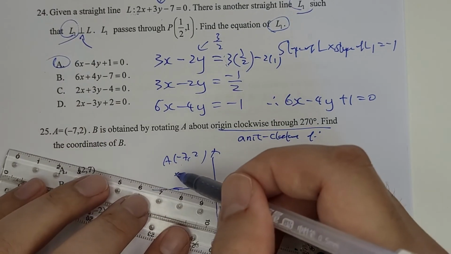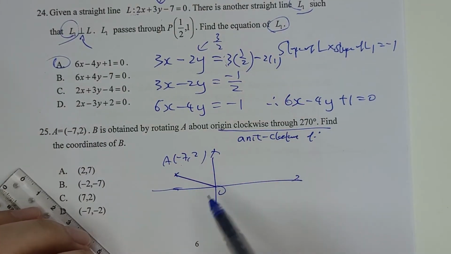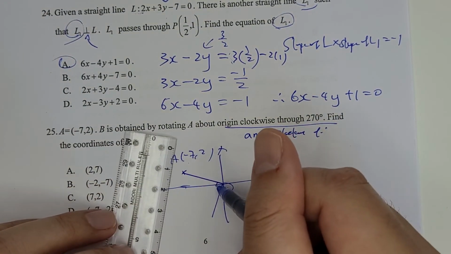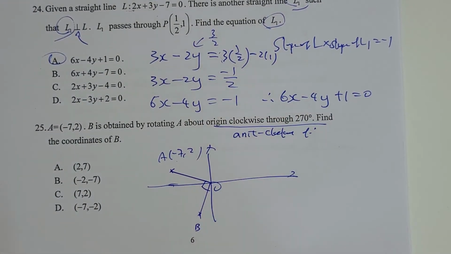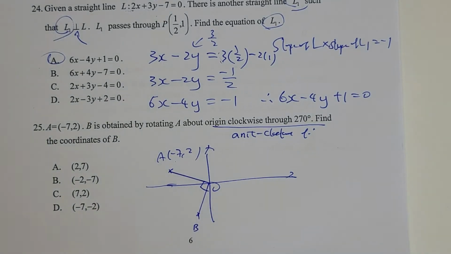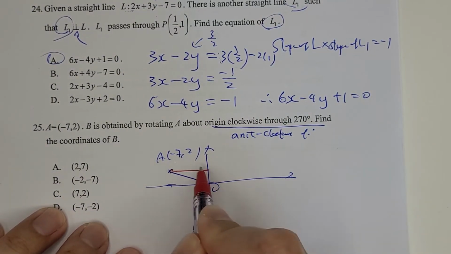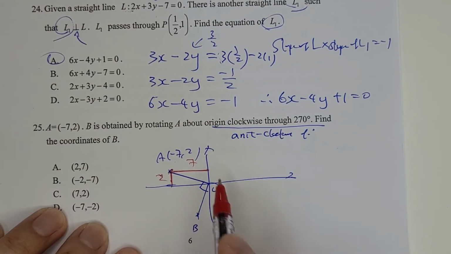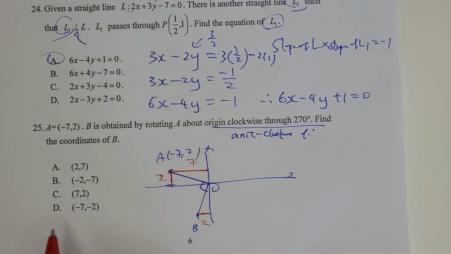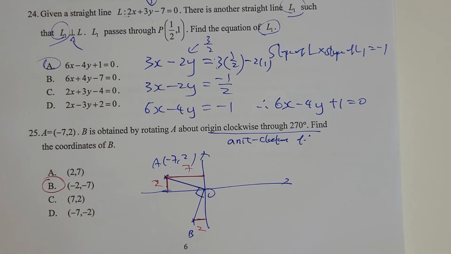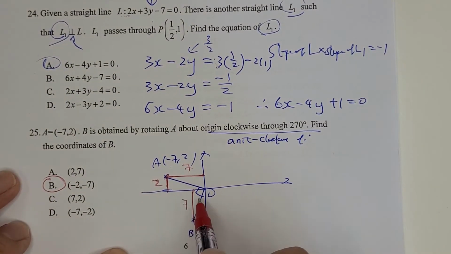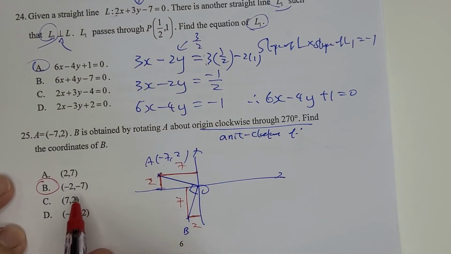So we join O and A. You are considering rotating a rod OA. It becomes something like this. That's point B. Originally, the horizontal distance is 7, just the magnitude, and there's 2. So after the rotation, here there will be 2, right? So the x coordinate of B will be negative 2. And the answer is B. Of course, the vertical distance is 7. So the y coordinate is negative 7.